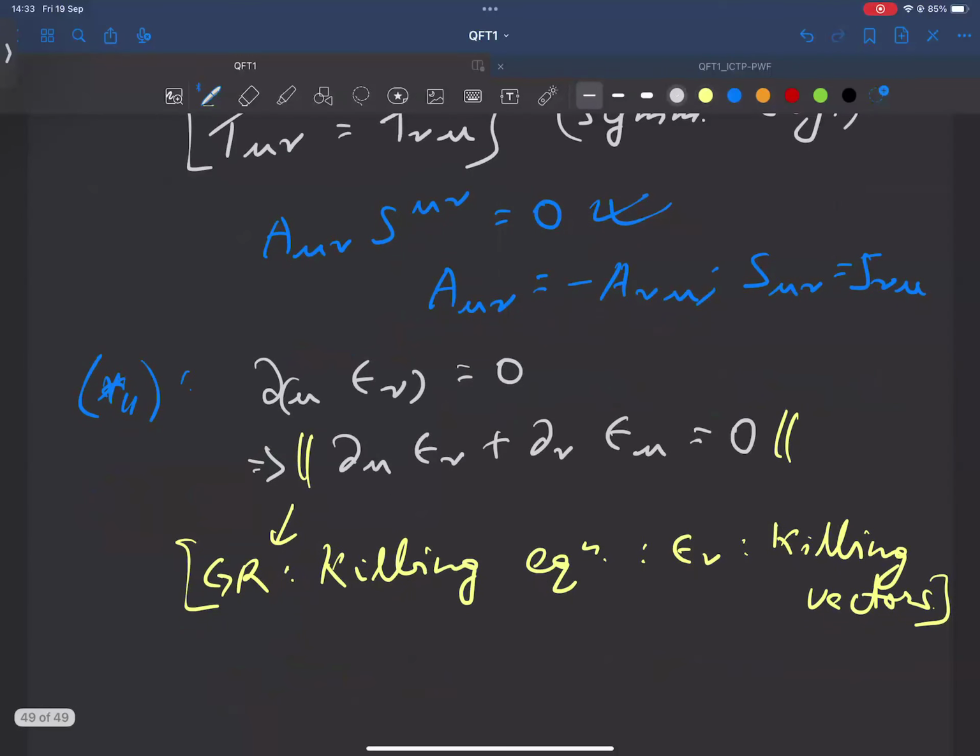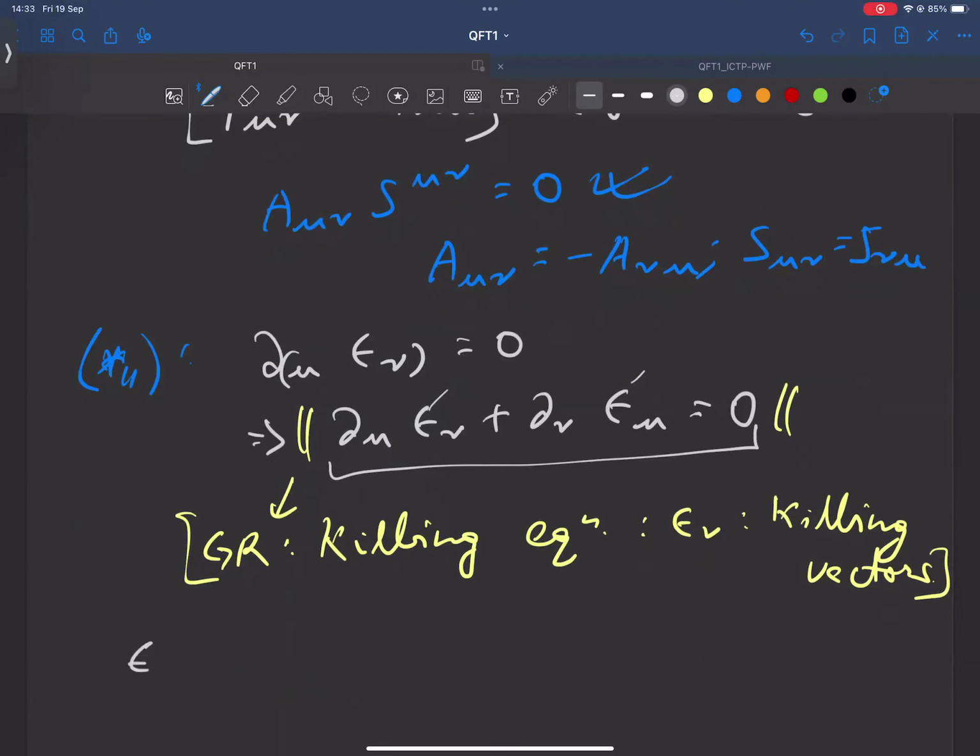But note that if we promote the space-time translations to be dependent on space and time, so we are no more talking about a global symmetry, then for the stress tensor to be a symmetry and a notion of charge to come out of it, this equation should be satisfied for the space-time dependent translations, which are these epsilon nus. Okay. But for the course in QFT, we will just take them to be constant.